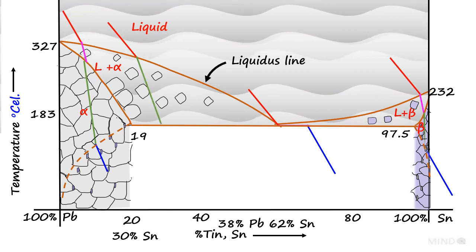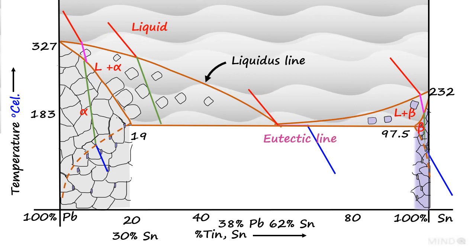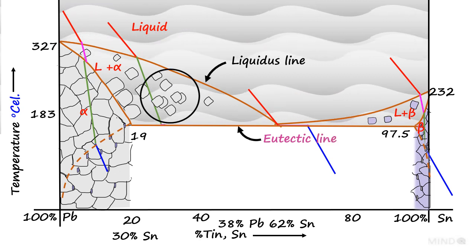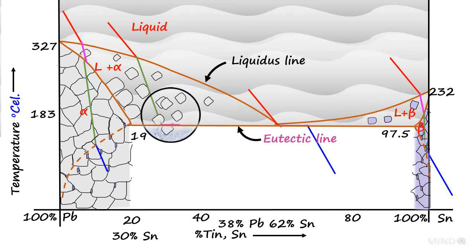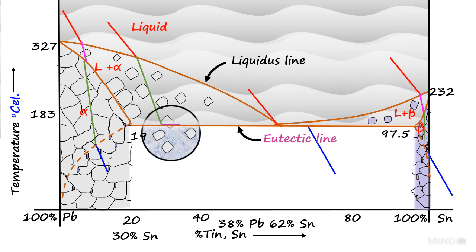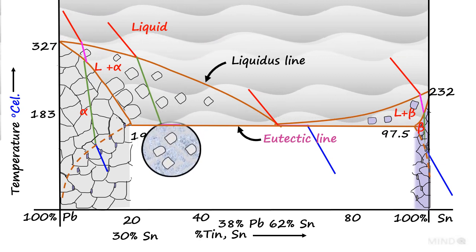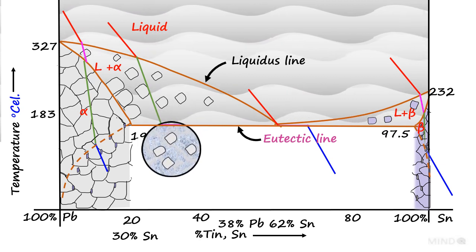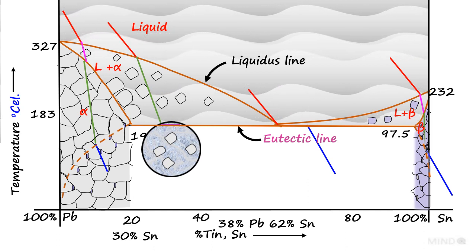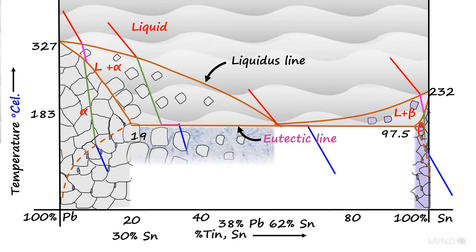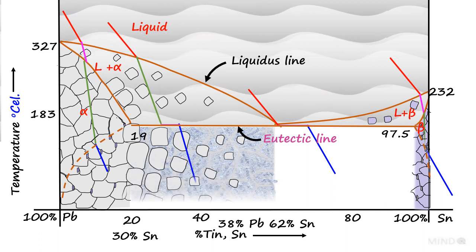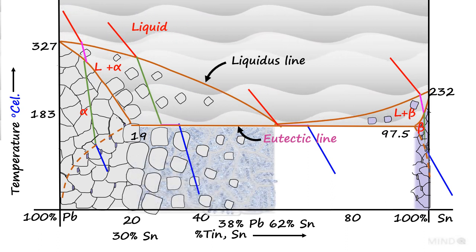On further cooling, as the temperature reaches the eutectic line, we have alpha solid solution and liquid phase having eutectic composition of components. As the temperature drops below the eutectic line, the liquid phase transforms to solid phase. Temperature remains constant till the entire liquid is solidified. Temperature further drops. Now we have alpha solid solution and eutectic mixture of alpha and beta solid solution.